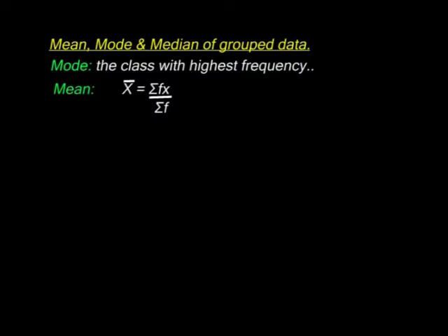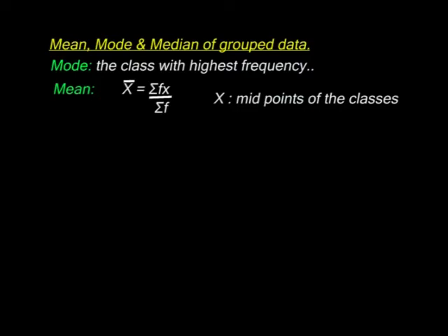However, you may ask what will be x in this case. For instance, given a class of 0 to 9, within that range, what will be x? Now, in a group data, x is the midpoint of the classes. For the above, it shall be 4.5, that is 9 plus 0 divided by 2.